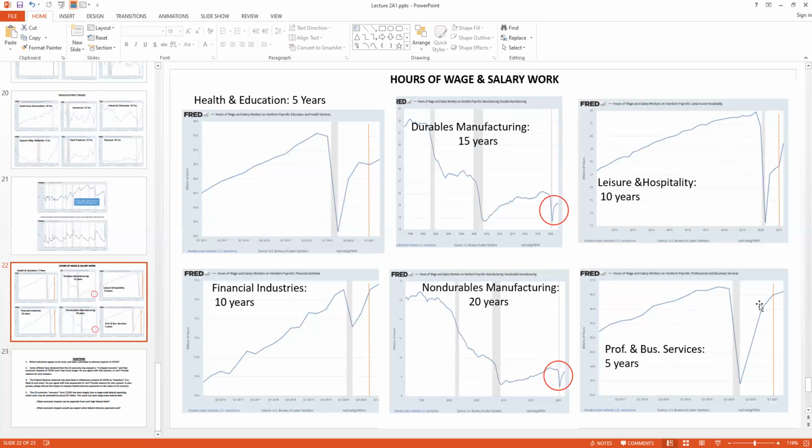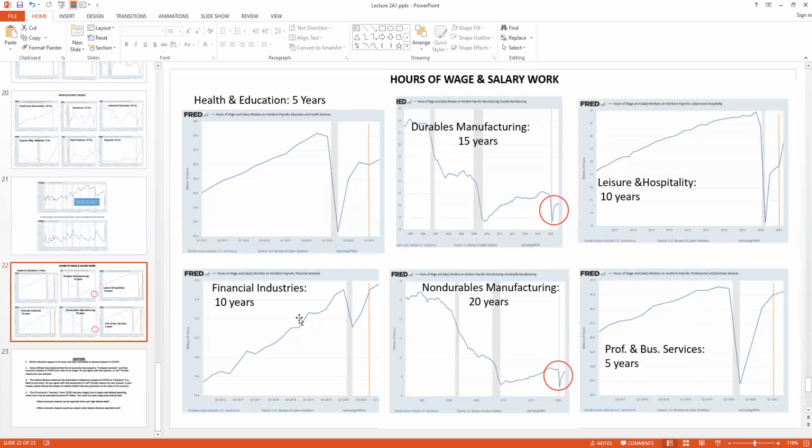Professional and business services haven't been hurt quite as much, or maybe I should say they've recovered a little more fully, but even professional services, accounting, some legal services, a variety of these services are not as fully employed as they were before the pandemic.